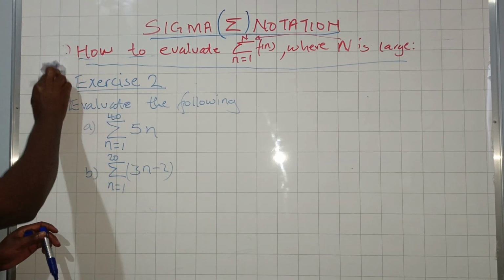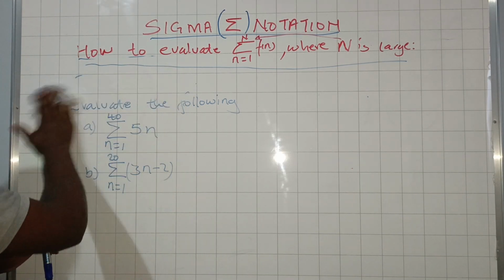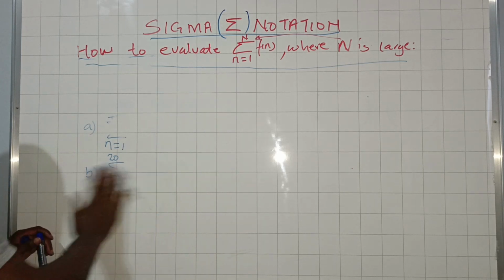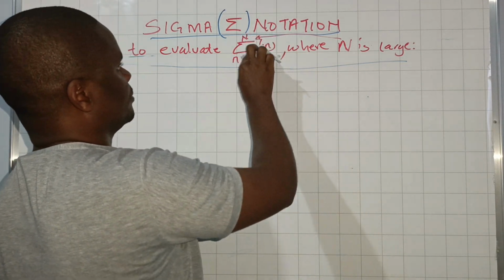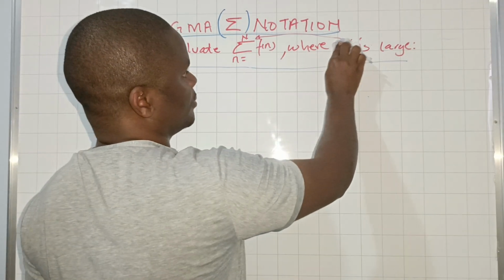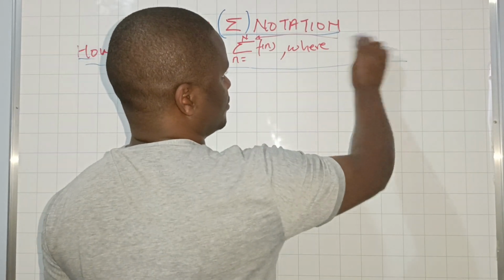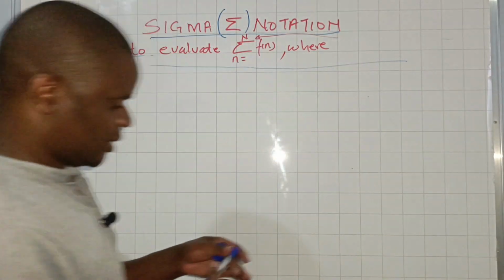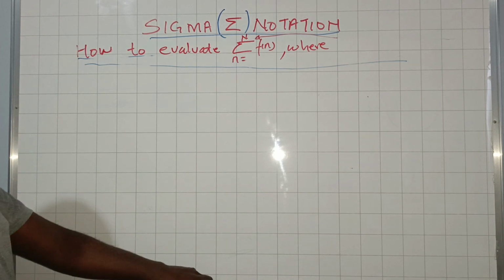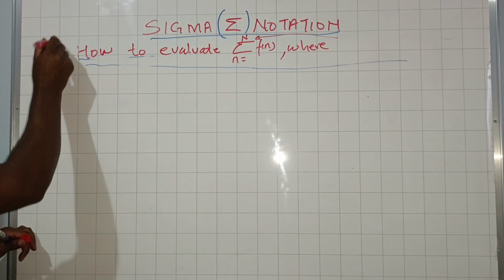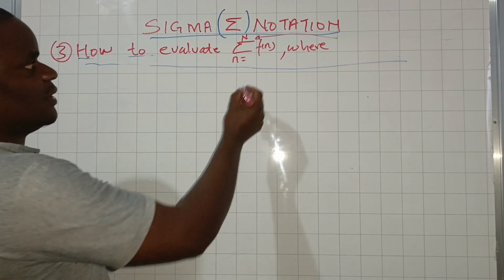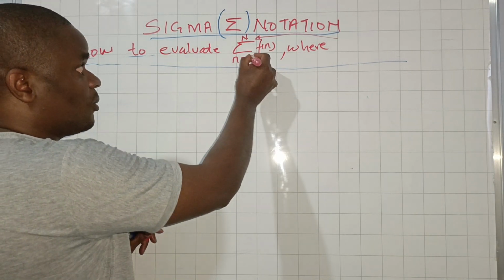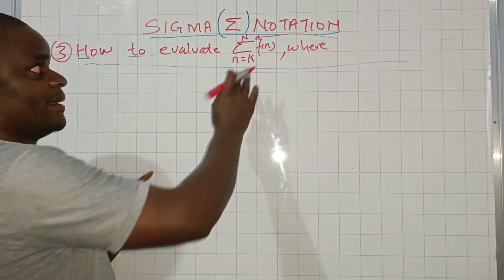Now, the next objective is going to be how to evaluate this kind of a thing, but this time round we are starting from k.